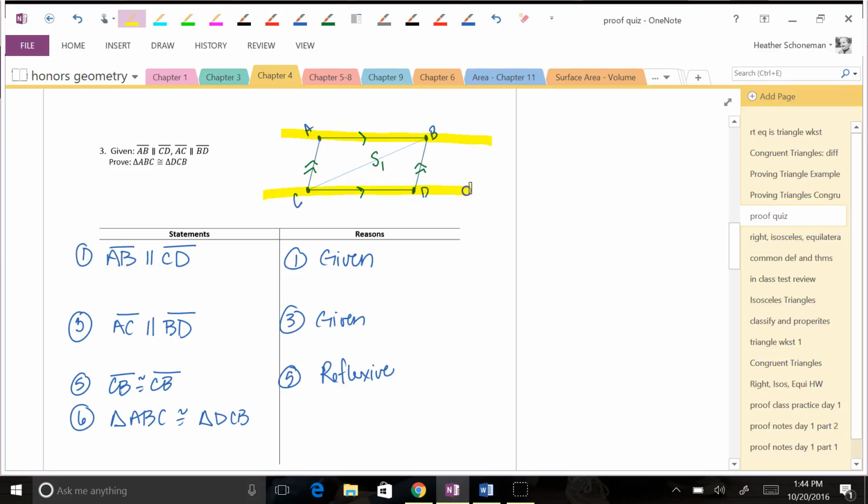So if A and B are parallel, that's this one, and there's my transversal, then B is the angles that are congruent. So that would be angle ABC is congruent to angle DCB, and this would be the alternate interior angle theorem.